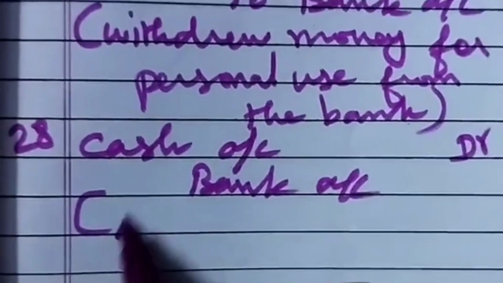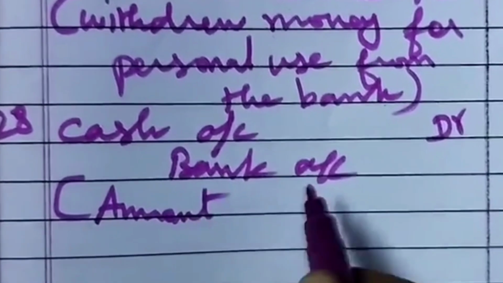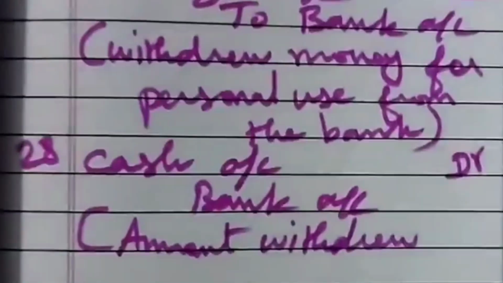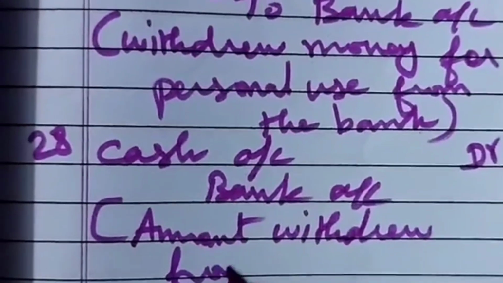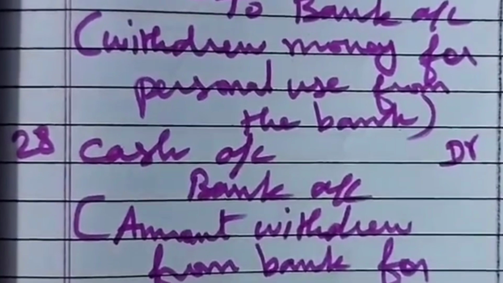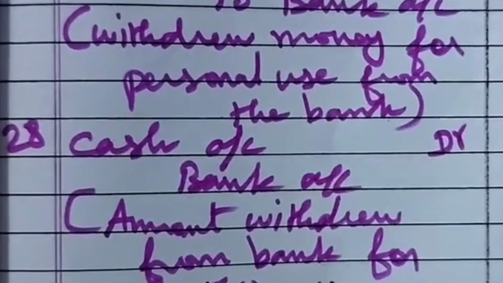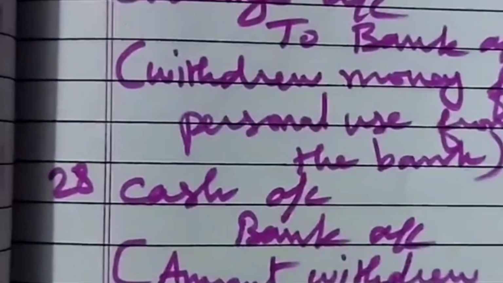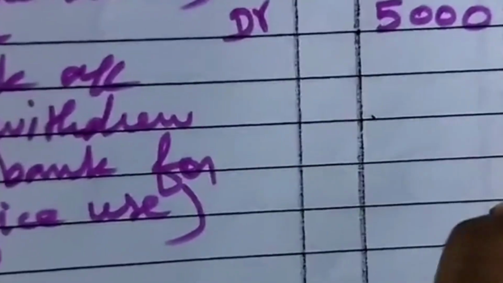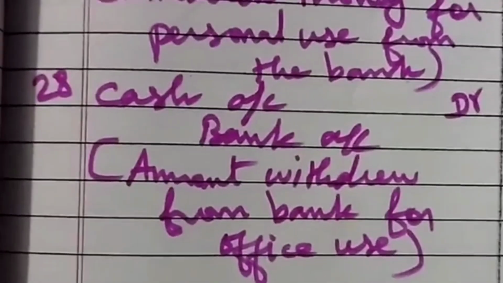Amount withdrew from bank for office use. Okay, what is the amount? 5,000. So you have to write 5,000 under debit column as well as in the credit column. Always debit should be equal to the credit. Now we can go to the next transaction.